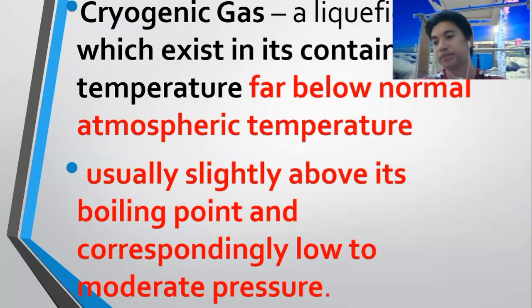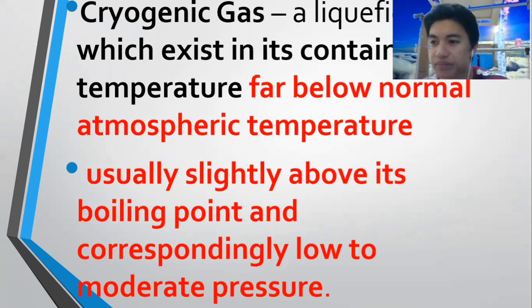This is the cryogenic gas, a liquefied gas which exists in a container at a temperature far below normal atmospheric temperature, usually slightly above its boiling point, and correspondingly low to moderate pressure. It is also a liquid.